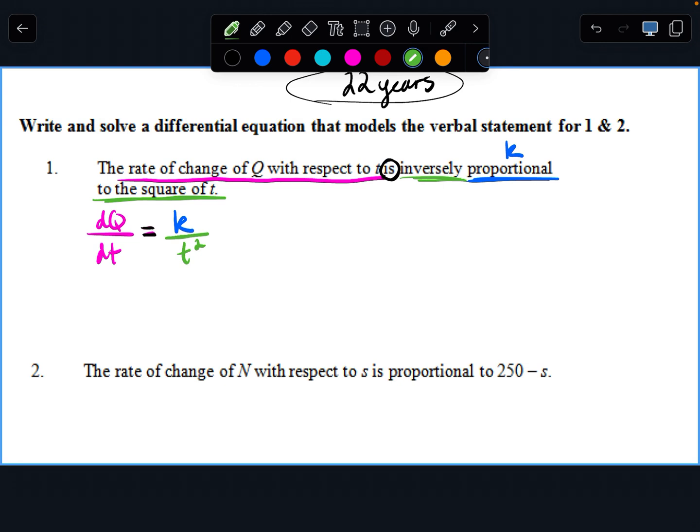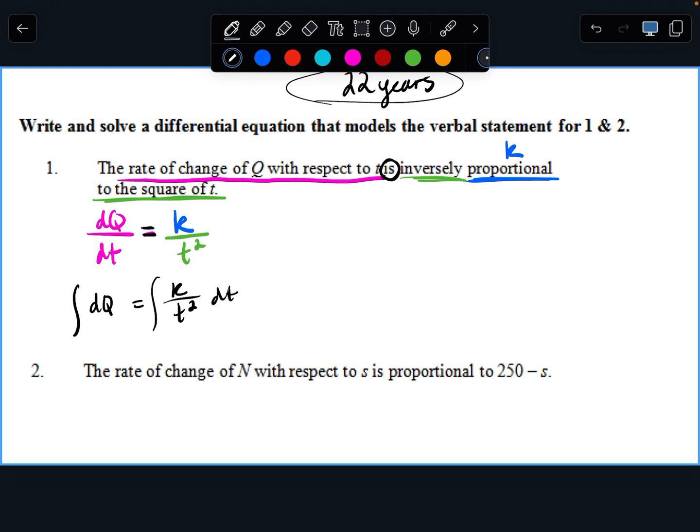Oh, they want me to solve it? I guess that's fine. Actually, I might just keep the K over there. It's going to be a little wild today. Because then Q's by itself. Do you know what I'm saying?